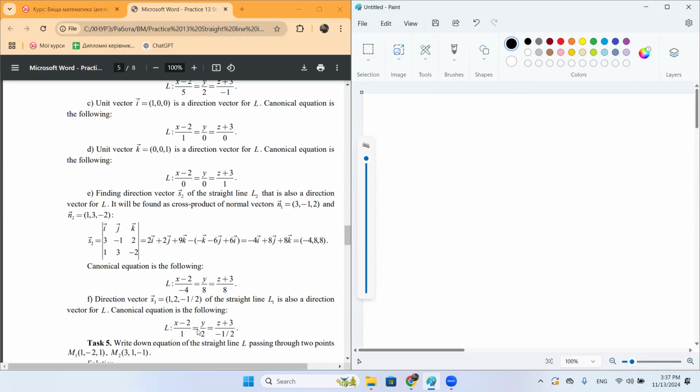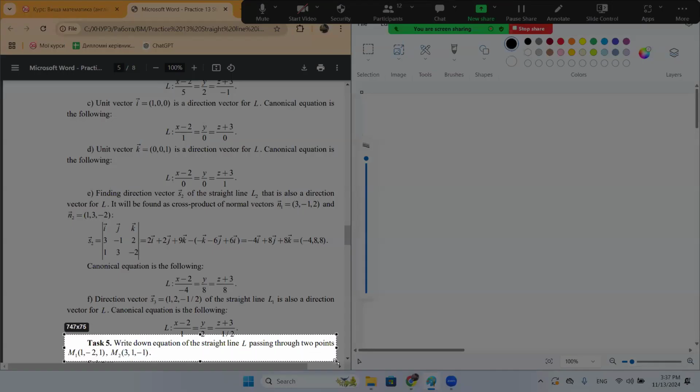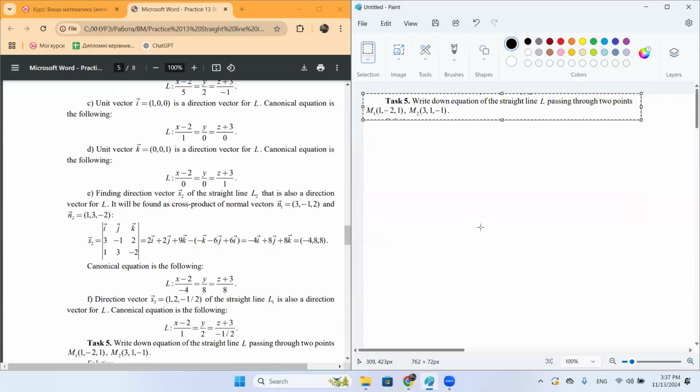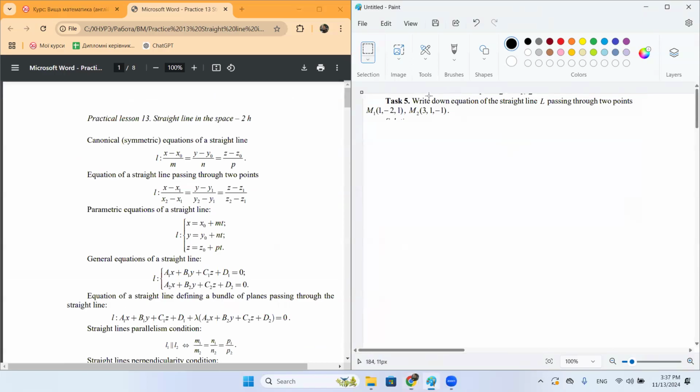So, the next task. We need to write down the equation of straight line L passing through 2 points. So, which equation are you going to choose? The second equation. Yeah, this form.